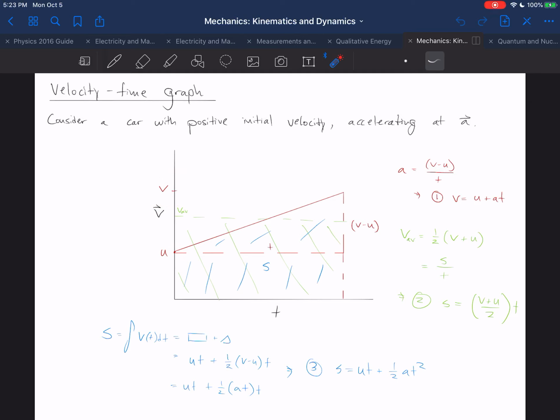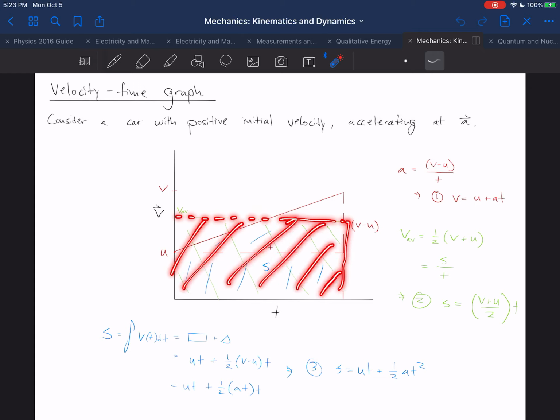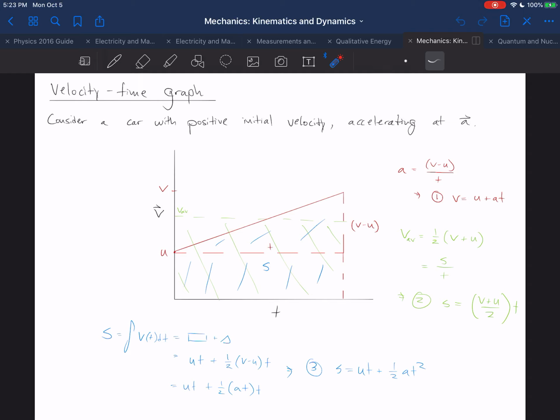I'm going to split that in half, and notice that the area of the underlined green section is exactly equal to the area of the blue section. And therefore, the total displacement is equal to the area of this green section.